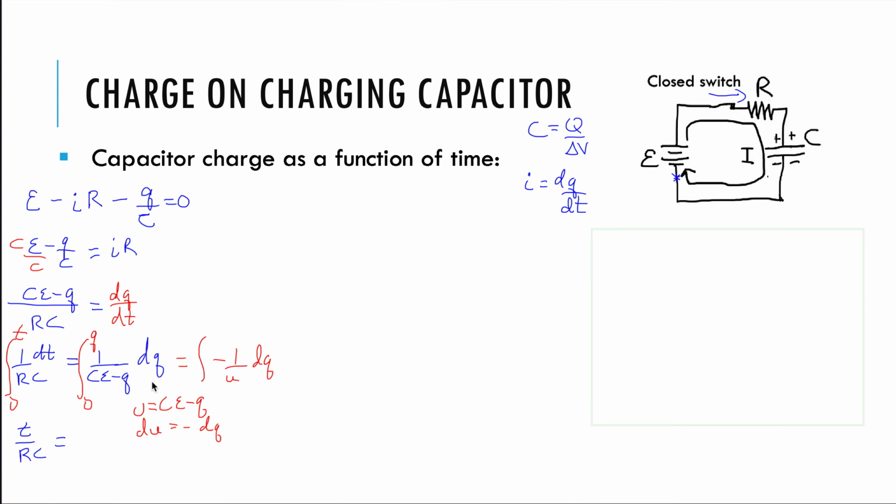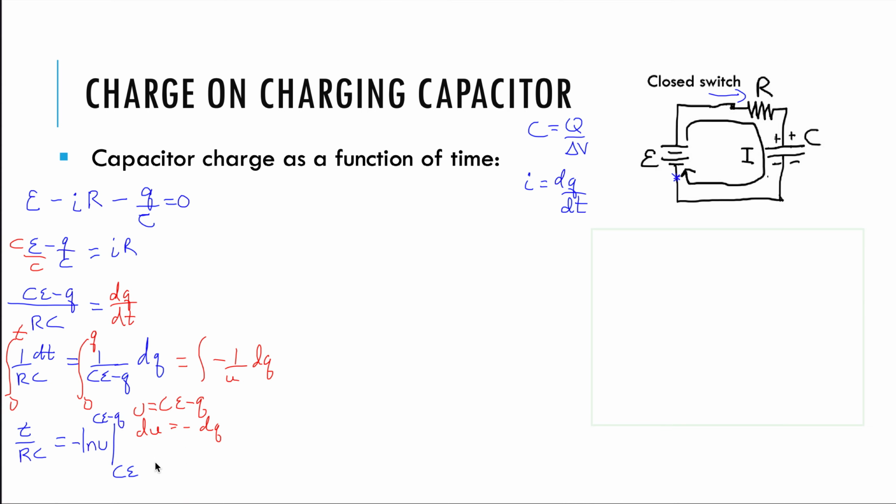And so that's going to be a log, so we're going to get negative log of u, and the limits used to be from 0 to q, but when we plug that into u here, it's going to be from CE to CE minus q.